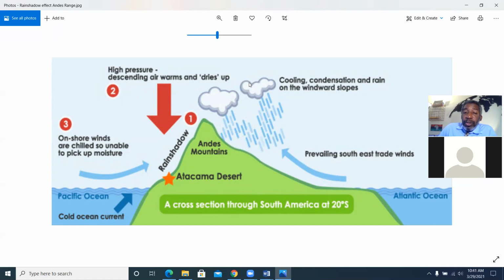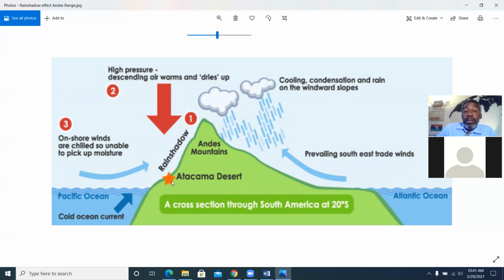That moisture precipitates out of the air or the atmosphere. And then you wind up with dry air, very dry air. It descends down the leeward side of the mountain range. And that is what has caused the Atacama Desert to exist there. And that's where Lima is.